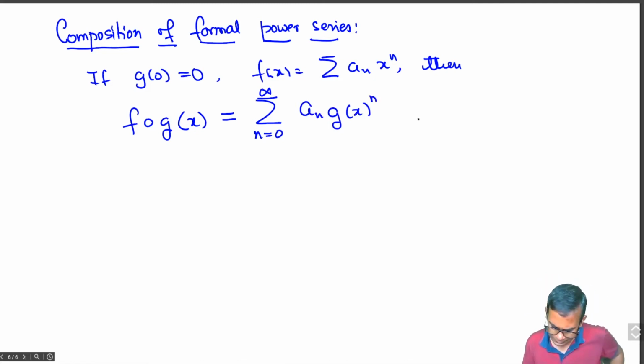And this makes perfect sense, because if g of 0 is 0, then this sequence g of x to the power n goes to 0, and therefore also the sequence a n g of x to the power n goes to 0, because the valuation of this will be the same as the valuation of g of x to the power n if a n is non-zero, and of course its norm is going to be 0 otherwise. So this sequence also goes to 0, and so this makes perfect sense.